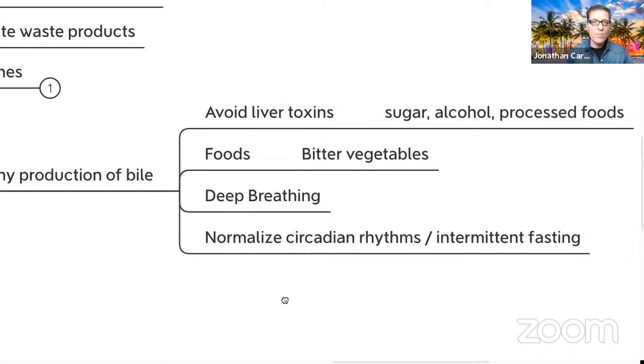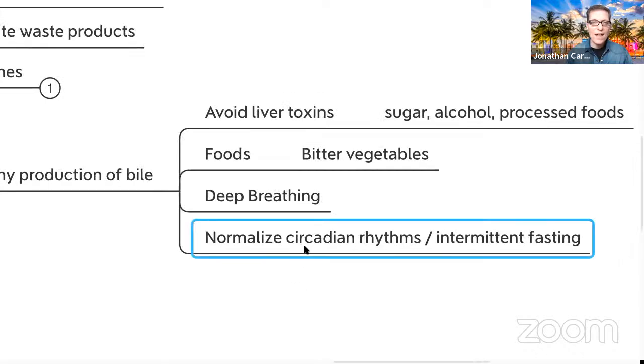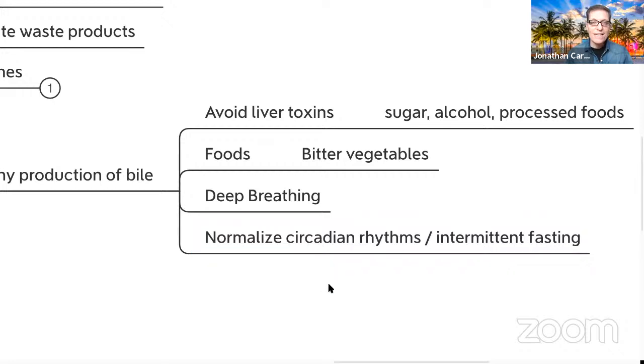And we've spoken about how important it is to normalize your circadian rhythms, meaning that you need to have periods of eating and periods where you're not eating. What happens there is your gallbladder and your liver, and especially your gallbladder, is not going to be challenged all the time, which allows your gallbladder to rest and allows the bile to fill up.